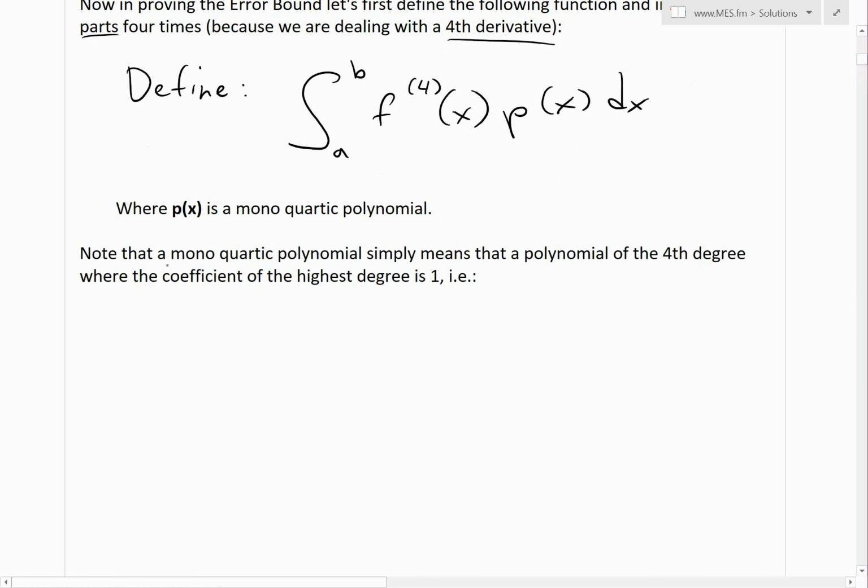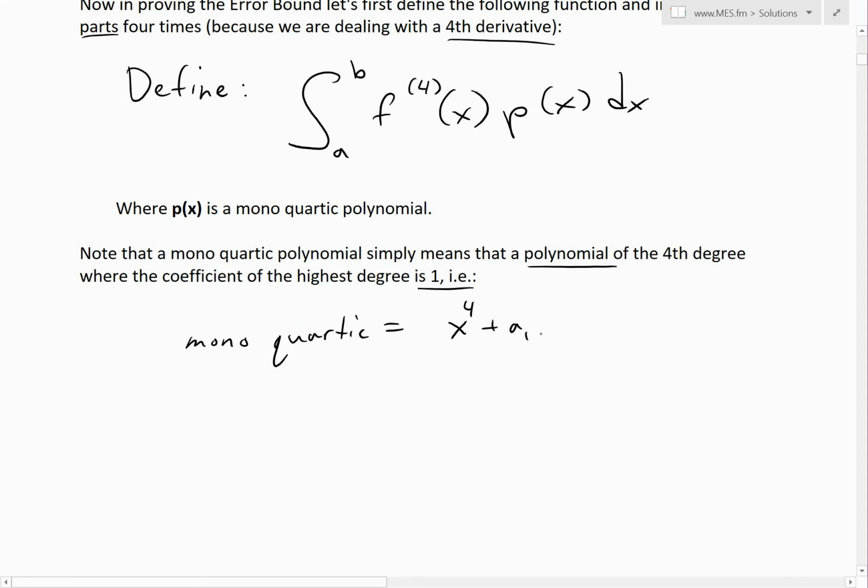Now basically note that a monic polynomial here simply means a polynomial of the 4th degree, so the power of 4, and a polynomial, again, you can see my earlier videos on that in the video link below, where the coefficient of the highest degree is 1. For example, this function right here, I'll just write monic, is of the form x^4, so there's only a 1 here, so the coefficient is 1. I'll just remove it, so there's nothing in front.